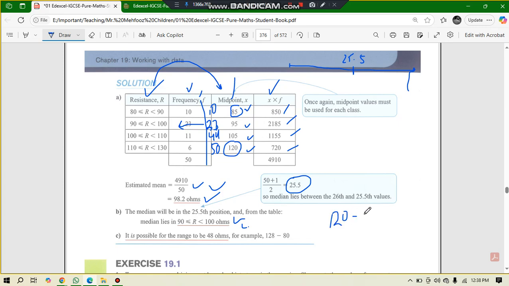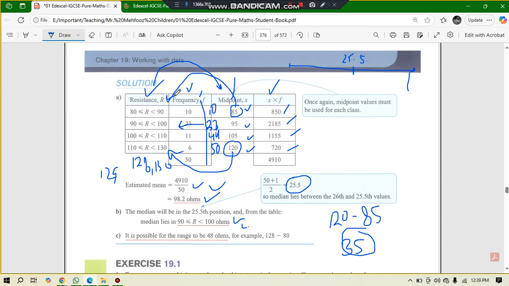So when we subtract these values, what is the answer? 120 minus 85, what is the answer? 35. So this is the estimated value of the range. Here the midpoint is 120, but it can be used as 128, 130. So this is the estimate 129, the midpoint of this class.